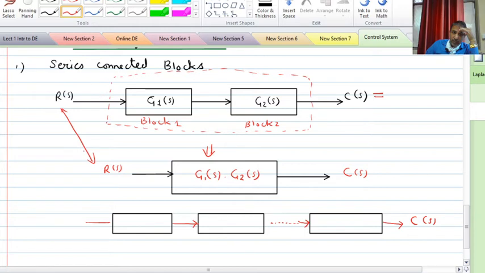Now let us calculate the overall transfer function of example 1 here.